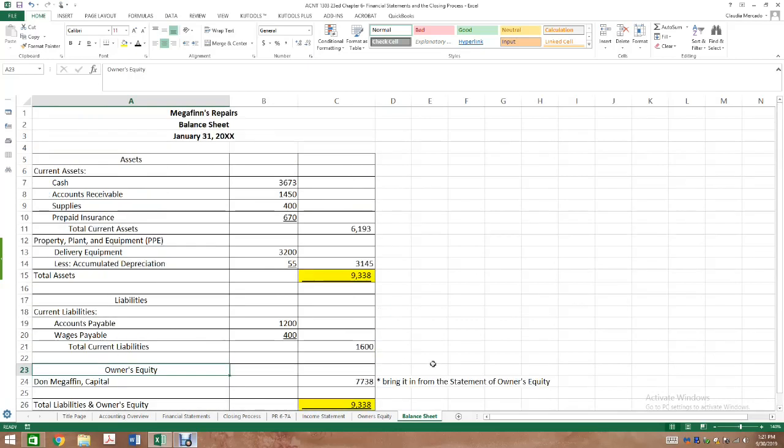So this is an illustration of problem 6-7A from the end of your chapter. It illustrates how to complete the three main financial statements that we are focused on. So make sure that you do read your chapter in its entirety, that you do attempt your homework problems. If you have any questions, please make sure to send me a Blackboard message or call me during my scheduled office hours, if any.